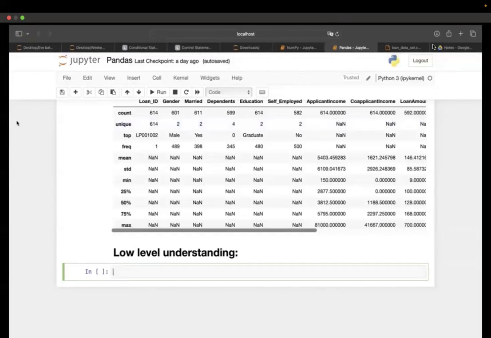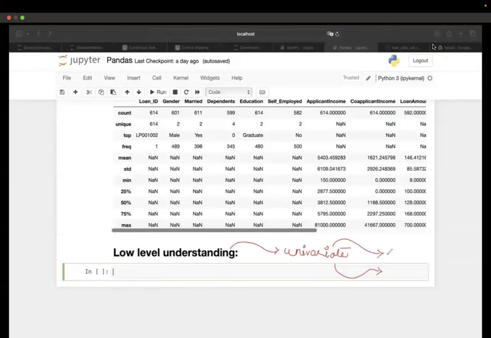now it's the most boring. Okay, no problem. Low level understanding, you have univariate. Okay, this is univariate. We have two different categories of this univariate.